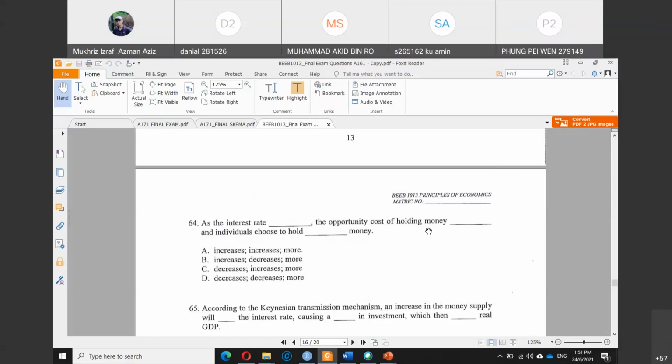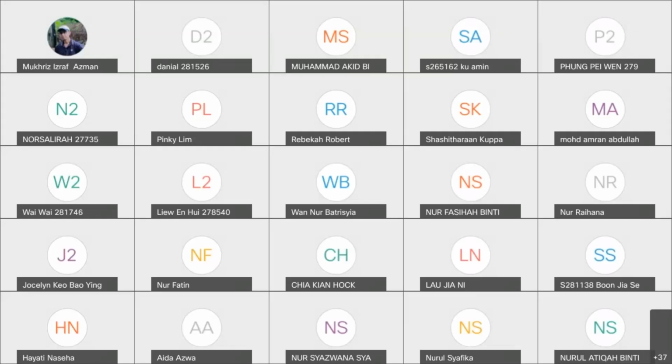If you choose one option, you need to let go of the second best option, and that will be the opportunity cost. So as the interest rate decreases, the opportunity cost of holding money will also decrease, because you will lose less dividend. So for 64, I think the answer should be D.